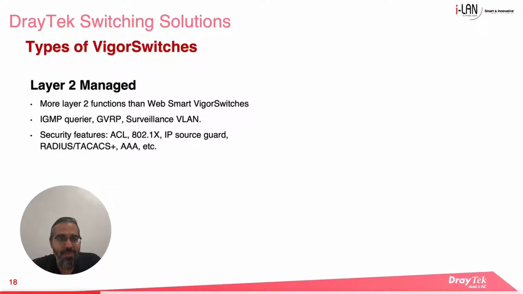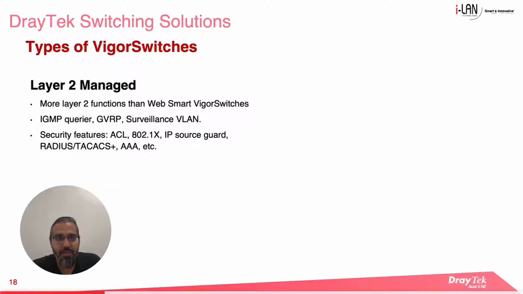The next type is Layer 2 managed Vigor switches. When compared to the WebSmart Vigor switches, these have additional config options which include IGMP Querier, GVRP, and surveillance VLANs.